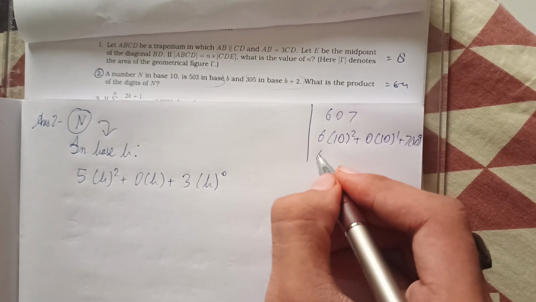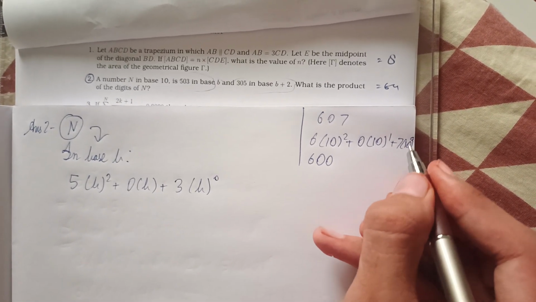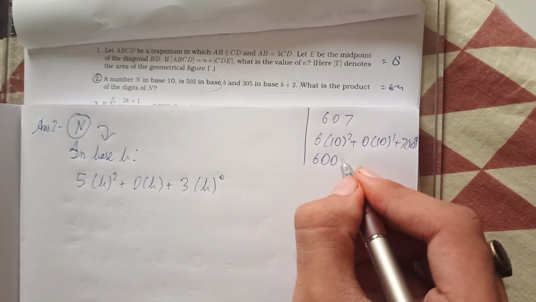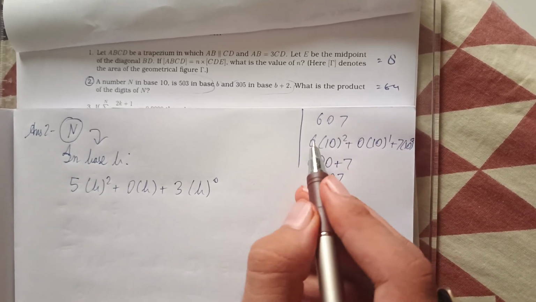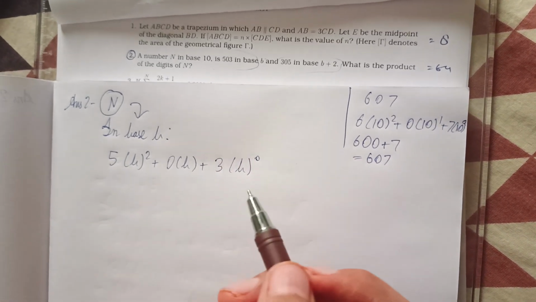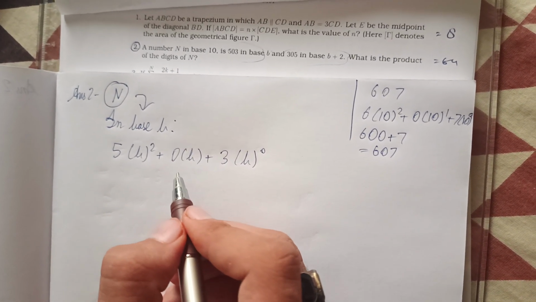So this gives us 600, this just becomes 0, and this becomes 7 into 1, since 10 raised to power 0 is 1. So this gives us 607. That's how bases work. Our normal base is base 10, but numbers can be represented in other bases, so we have to break them down in the expanded form first.